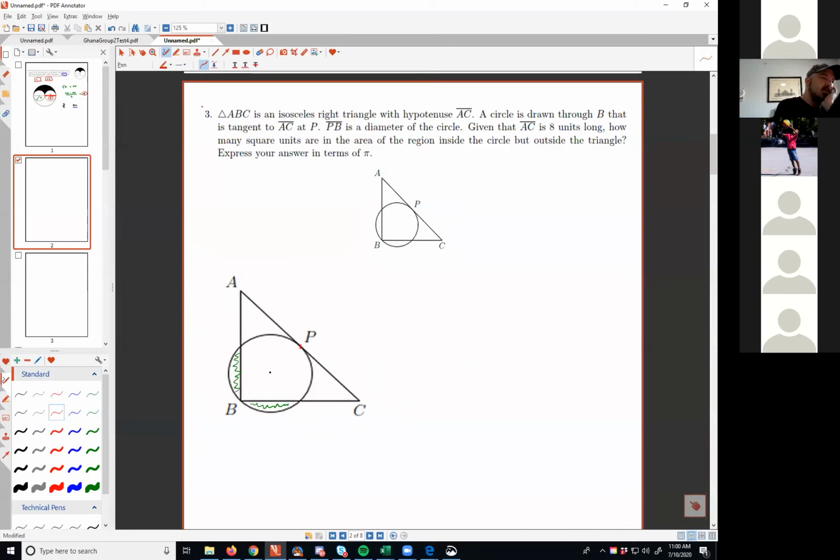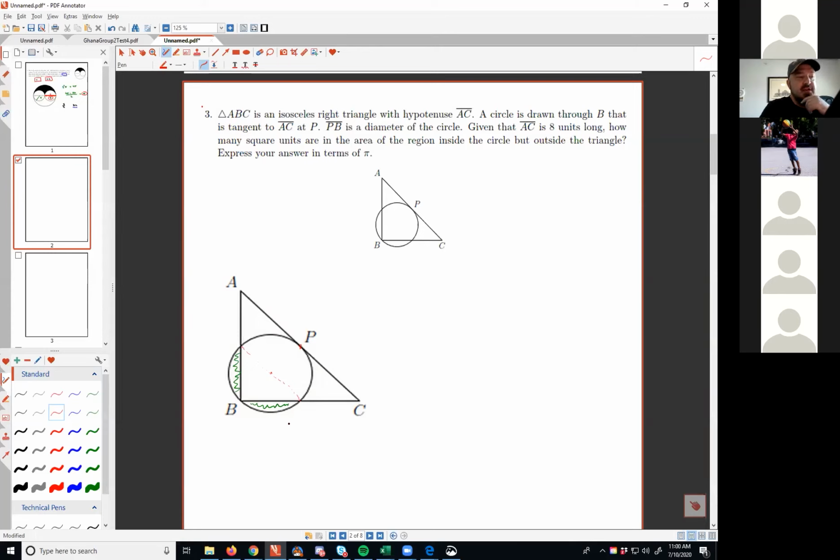Now it kind of looks like these two sectors, the green sectors, are 90-degree sectors. But is that true? How do we know? Because the triangle is an isosceles right triangle.